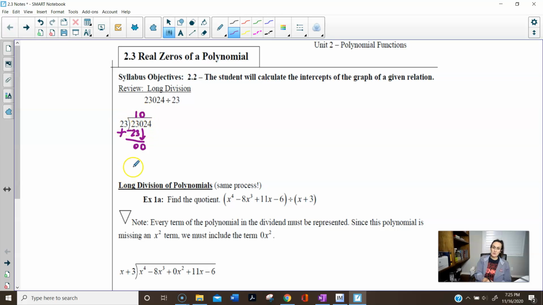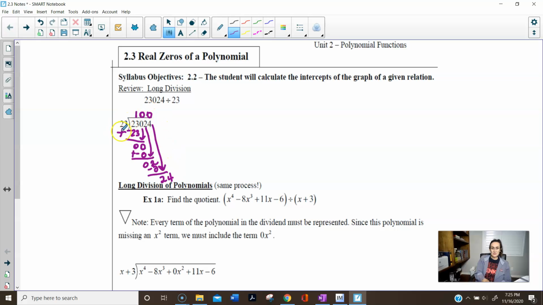You take 0, you multiply it to 23, you get 0. You add the opposite, and then you're going to bring down the 2. And what do you multiply 23 by to get 2? 0. And then you subtract or add the opposite, bring down the last number.